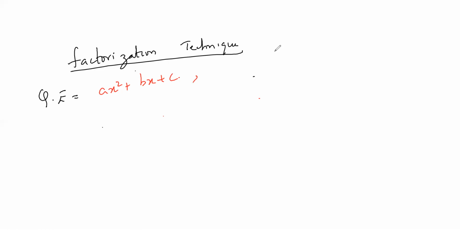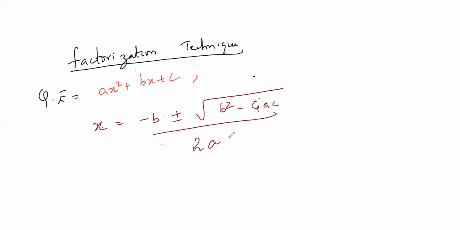That is x is equal to minus b plus or minus root of b square minus 4ac by 2a, where x is the factor or the root. This b square minus 4ac is called the discriminant. Fine. And it is denoted by D respectively.